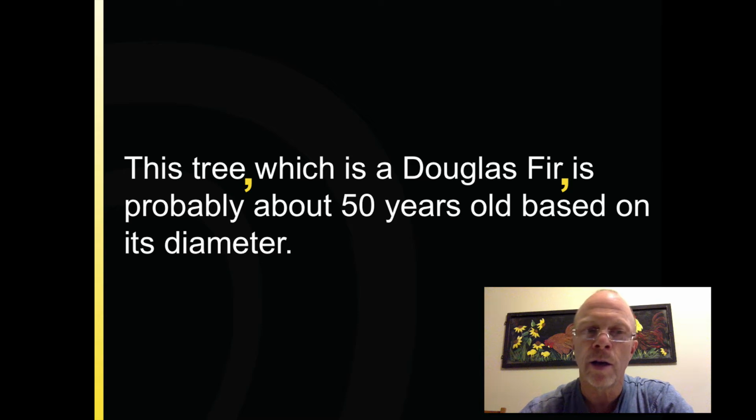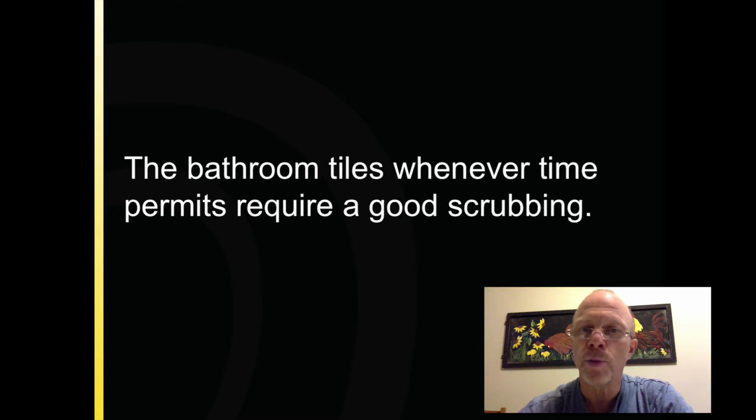All right, so let's take a look at another one. The bathroom tiles, whenever time permits, require a good scrubbing. So pause, see if you can get this one. Okay, so the bathroom tiles, whenever time permits, require a good scrubbing. This phrase, whenever time permits, is an aside. You see, I could take this out. The bathroom tiles require a good scrubbing.